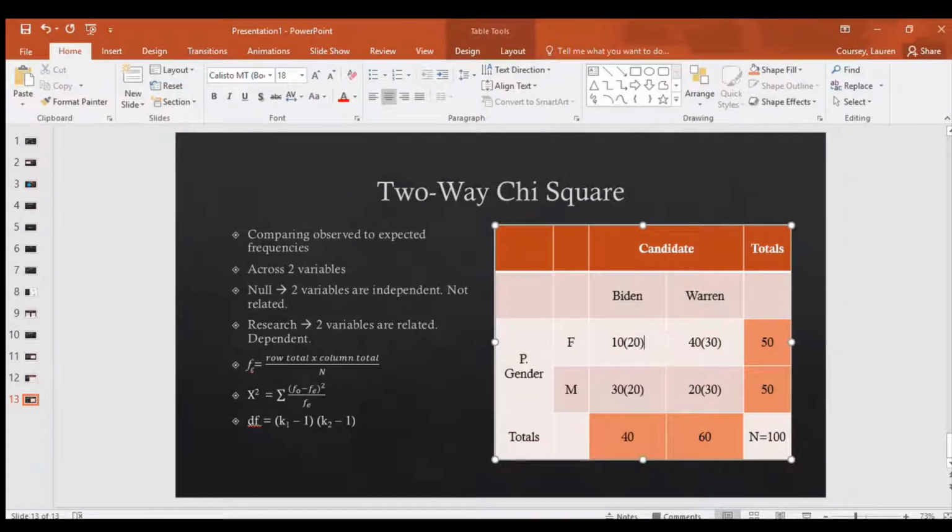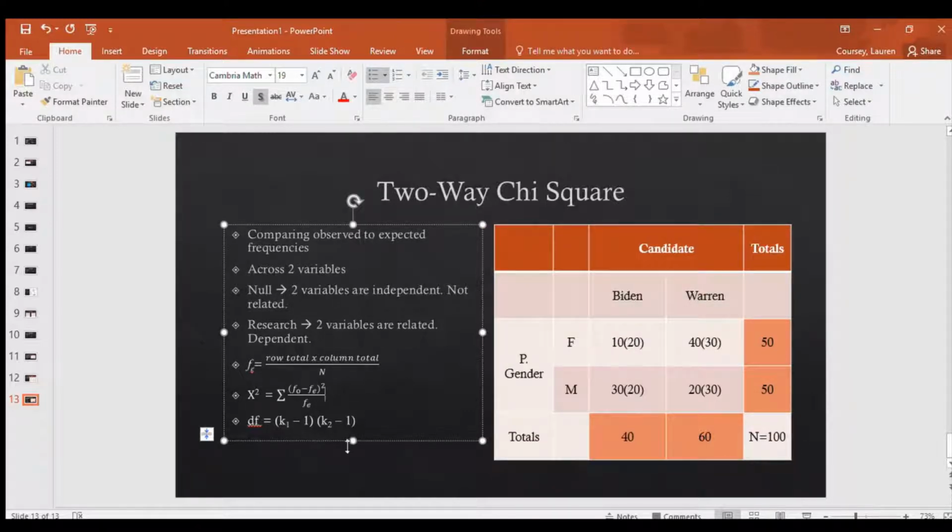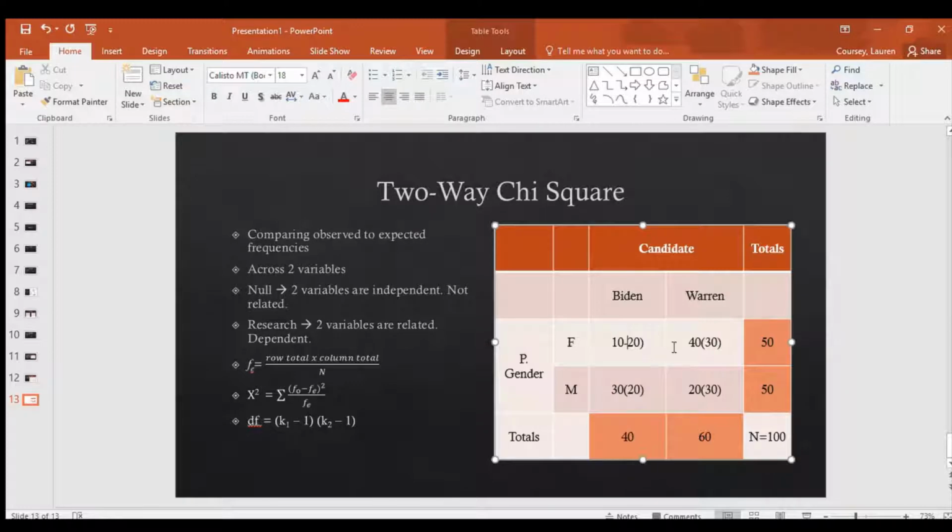So now to calculate my chi-square value, we have, in general, the same equation that we had for the one-way chi-square analysis. So we have our observed frequency minus our expected frequency. We square that, and we divide by the expected frequency. So in each cell, I would take my observed frequency here, 10, subtract 20.